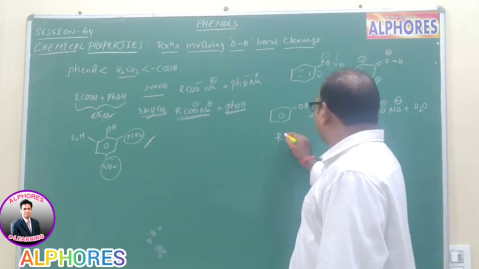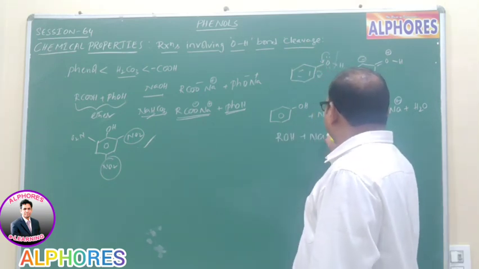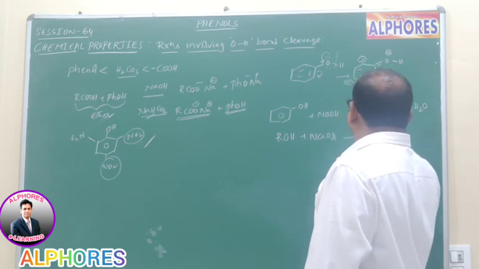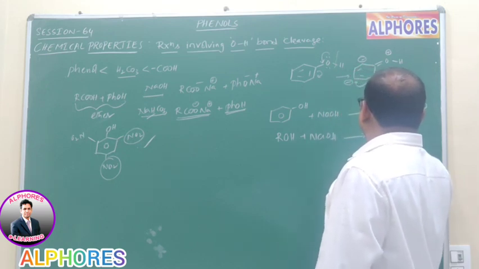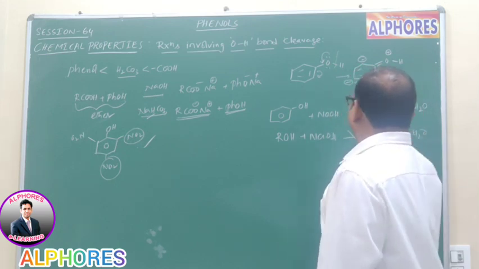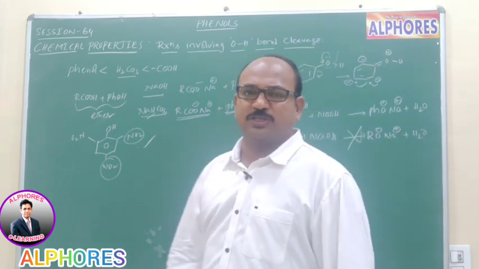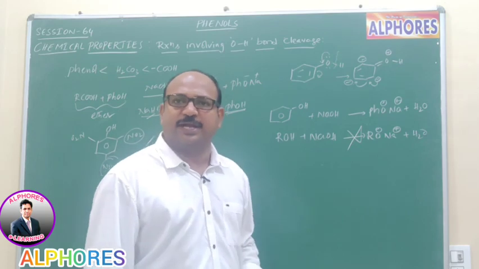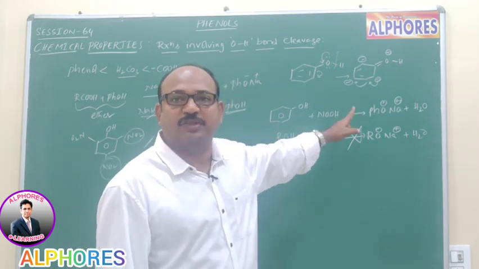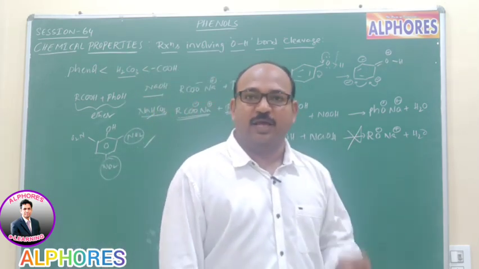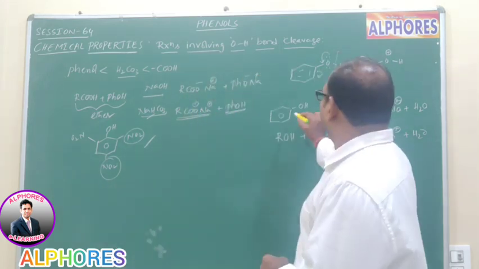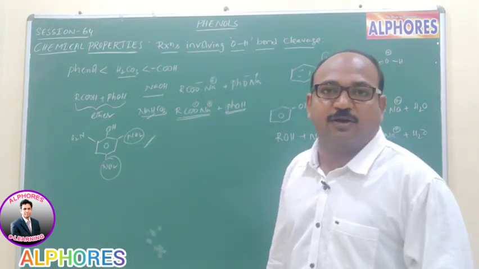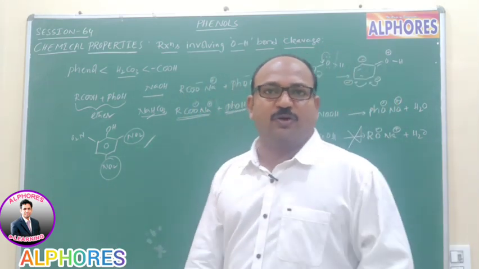ROH plus NaOH, can you write RONa, RO minus Na plus and H2O? Is it possible? That reaction is not possible. So alcohol does not react with sodium hydroxide, but phenols can. Remember that point. Phenols upon reaction with sodium hydroxide give sodium phenoxide in water.